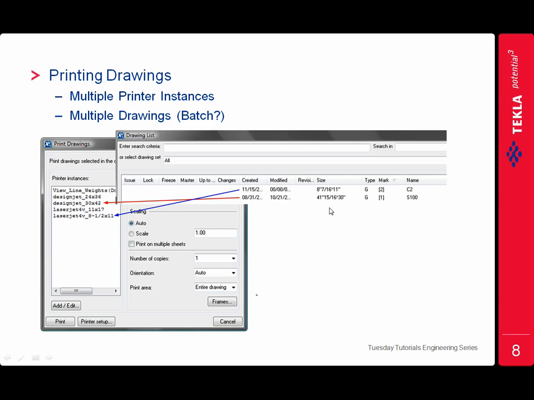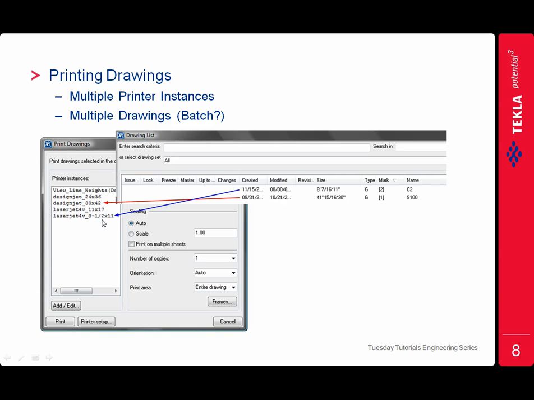When you are printing drawings, you have the option to select multiple printer instances as well as multiple drawings from the drawing list. In a way, this is a batch printing, and Tekla will automatically assign the appropriate sheet size to the appropriate printer. So if you're drawing, in this case, this G2 drawing is an 8.5 by 11, and the G1 is a 30 by 42.